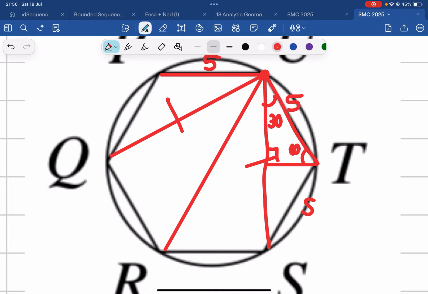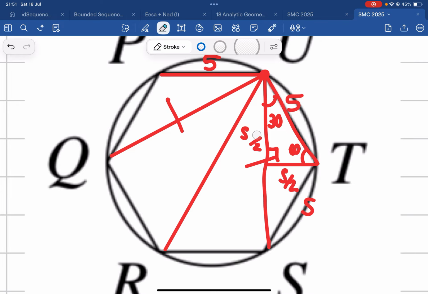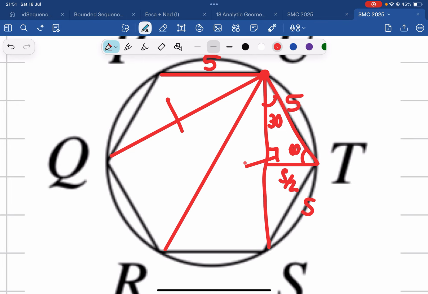We're using our 30, 60, 90 triangle ratio idea. If that's 5, that's 5 over 2. That's 5 root 3 over 2. Since we've got 2 of these, this whole length is just 5 root 3. And then that means this here is also 5 root 3.